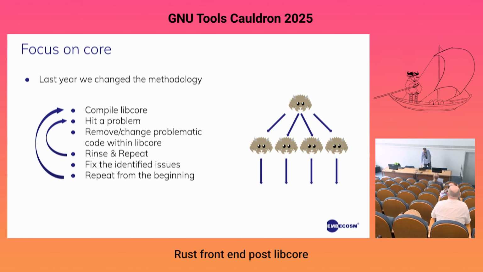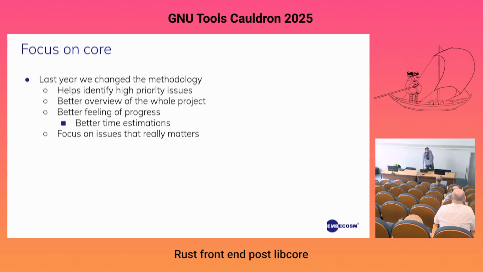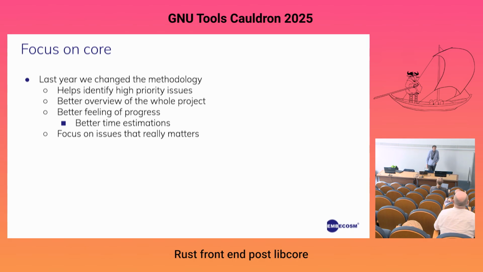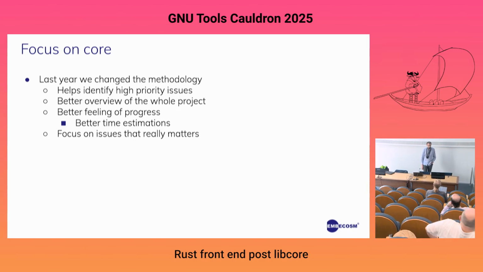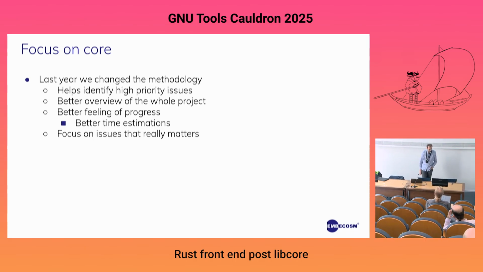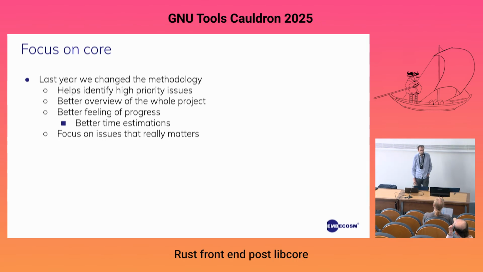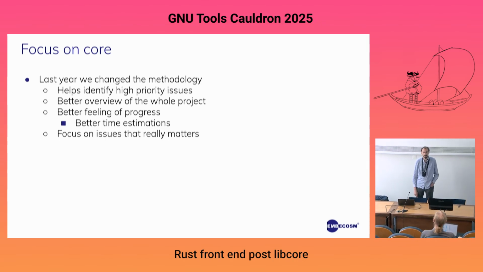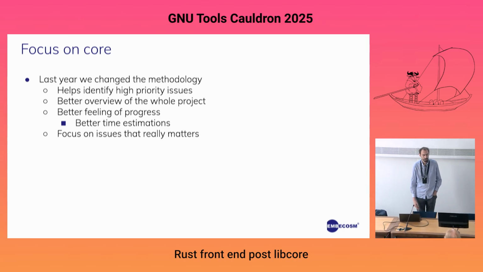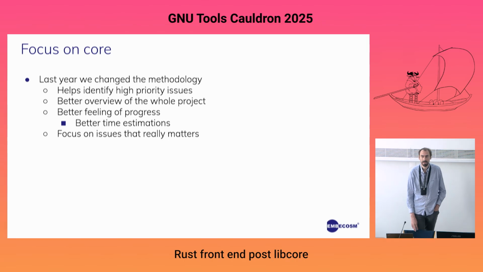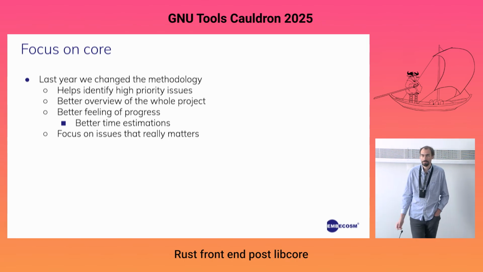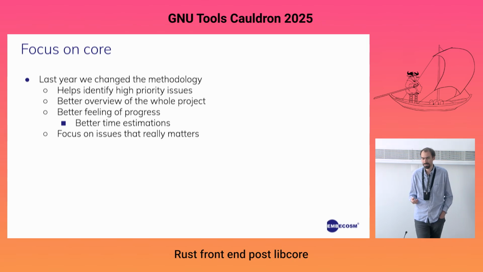Recently, we had changed. This was great because it helped identify high priority issues. We had a better overview of the project. I mean, sometimes with the old method, we would just take some snippets that weren't really used.